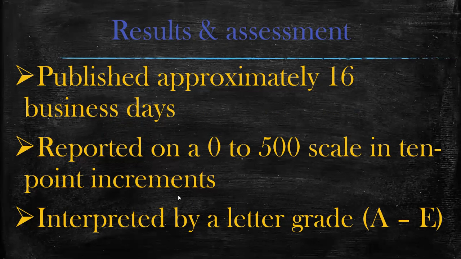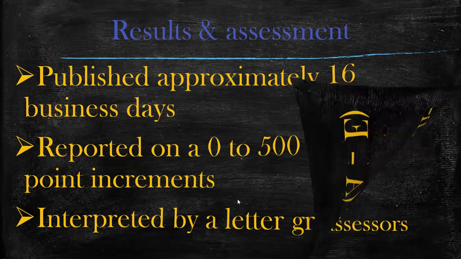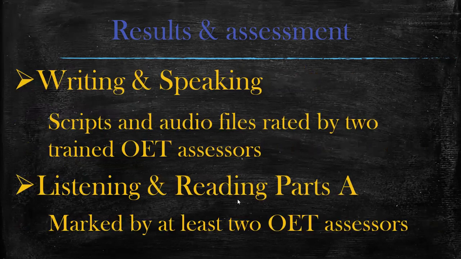To be able to register with most governing boards and councils, you need to get B in the speaking, listening, and reading, and C+ in the writing. For most of the governing boards, this is what they require you to have.